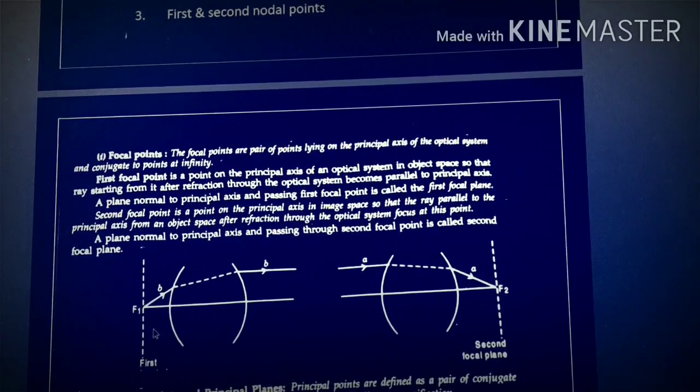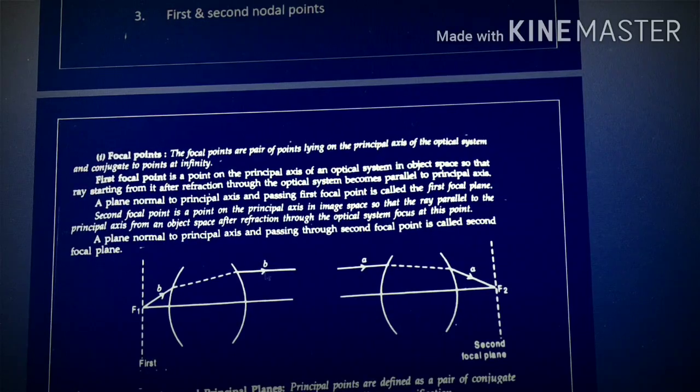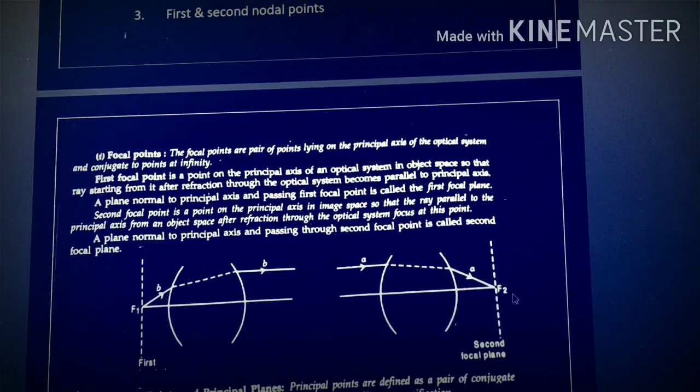Then the second cardinal point is the second focal point. Look at the second figure. It is also a point, but this point lies in the image space. If a ray is parallel to the optical axis, after refraction the rays meet on the optical axis at a point.